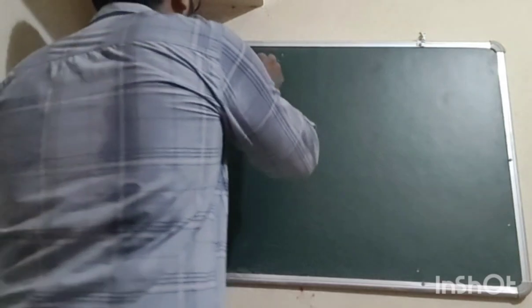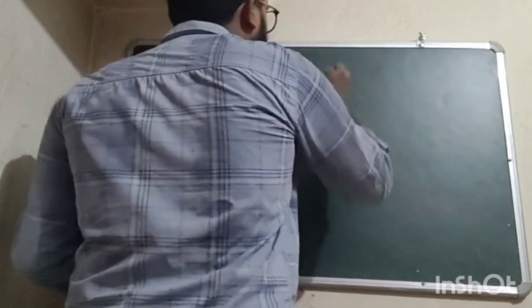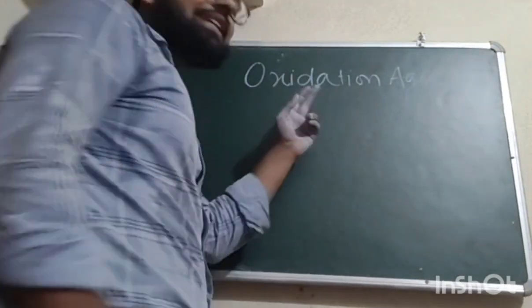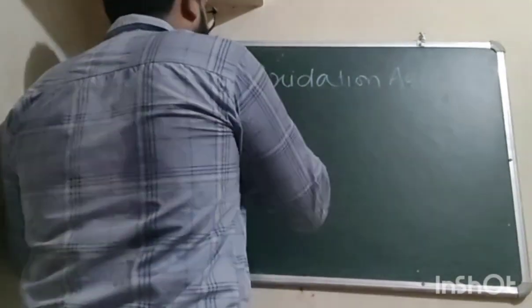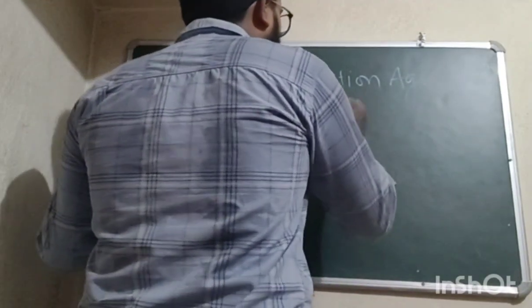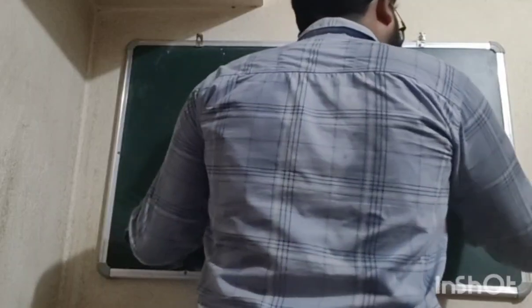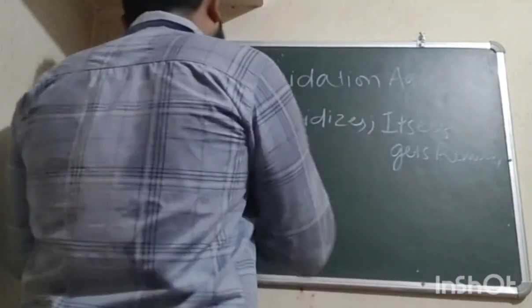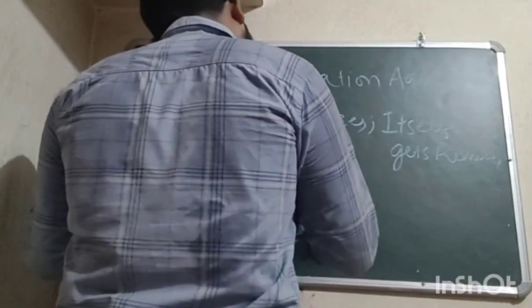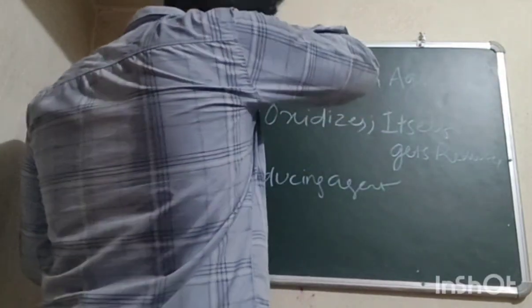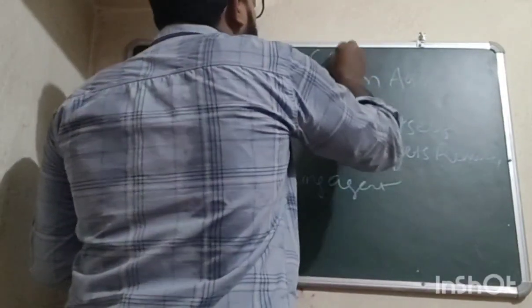So the oxidation agent oxidizes, but itself it gets reduced. And the reducing agent. The oxidating agent or oxidation agent is also known as oxidant.